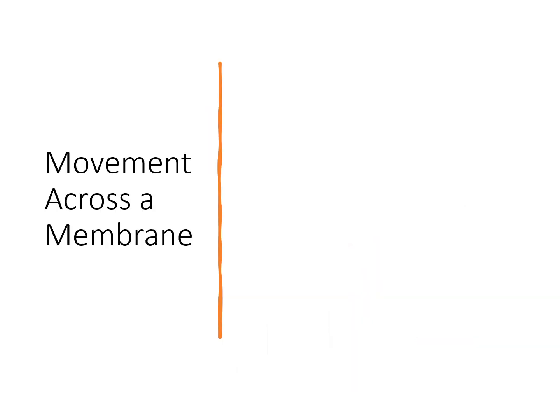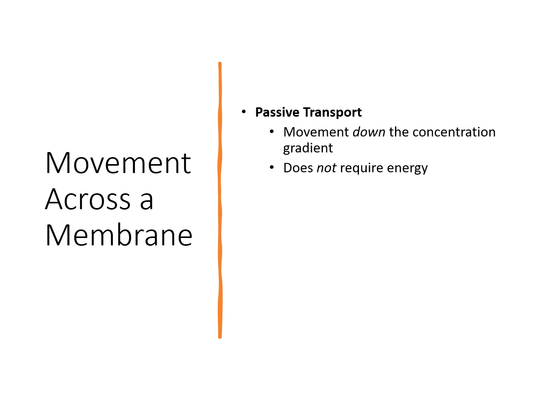So when you think about how molecules move across a membrane, you're going to have passive transport, where molecules move down their concentration gradient, meaning they slide down that slide. That is not going to require the input of energy. Instead, they just slide down the slide without the input of energy via a process called diffusion, or sometimes facilitated diffusion if there's a protein channel or something else there that's required for them to cross the membrane.